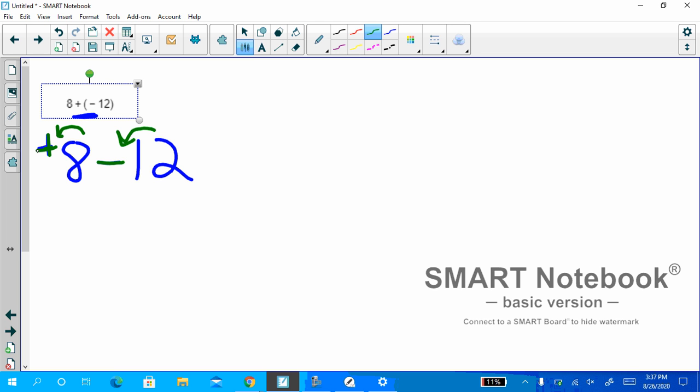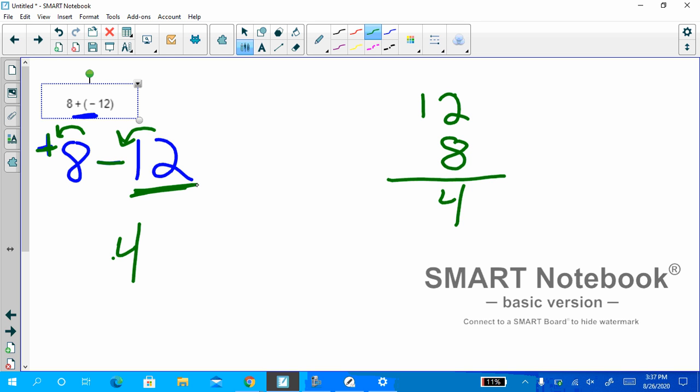So anytime those signs are opposite, if they're different signs, we subtract. Now when we subtract, if we're writing it out vertically, we always put the larger number on top. And then we just take away. 12 minus 8 is 4. And then take the sign of the larger. The bigger number is 12. Its sign is negative.